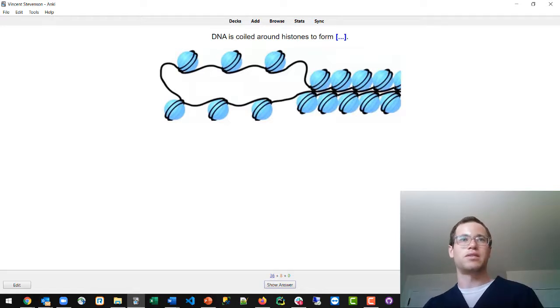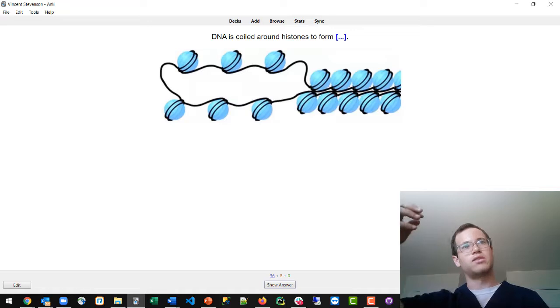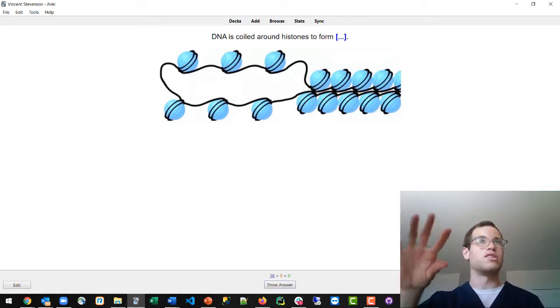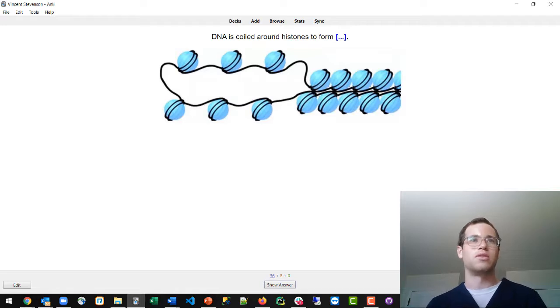The Greek prefix eu means true, and it helps my brain to think of it as the true chromatin. What that means is that these are the genes, or the DNA, that truly gets expressed, because as you can see in this picture, the DNA is so loosely packed that it is physically, spatially possible for RNA polymerase to latch onto it and transcribe it into mRNA that could actually make a protein.